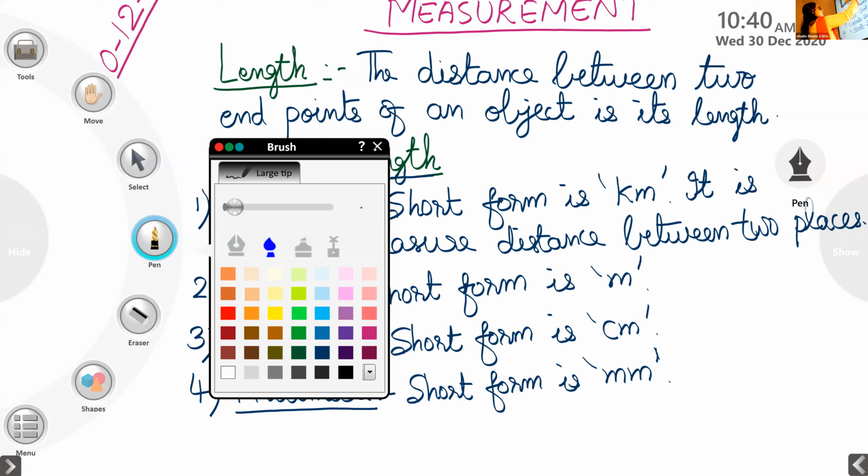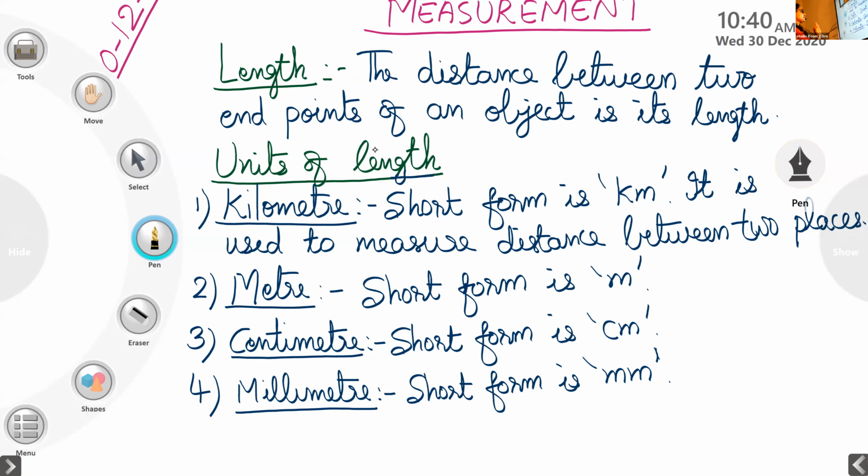Now all of you look here. We told there are 4 units, isn't it? Kilometer, meter, centimeter, millimeter. In kilometer the word meter is there, in meter of course meter is there, in centimeter also, and in millimeter also.